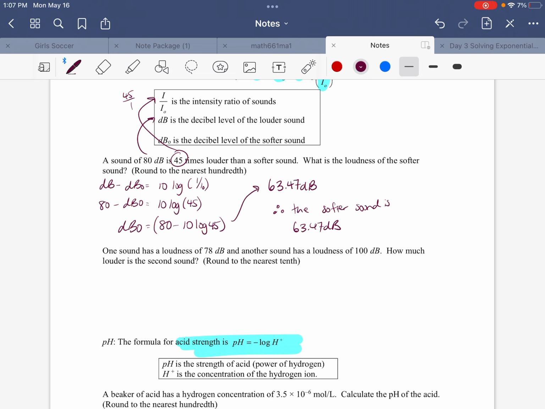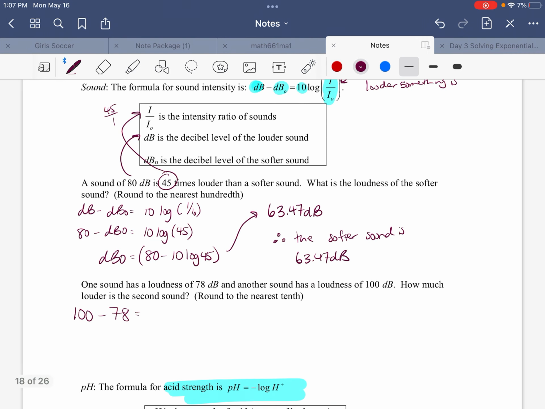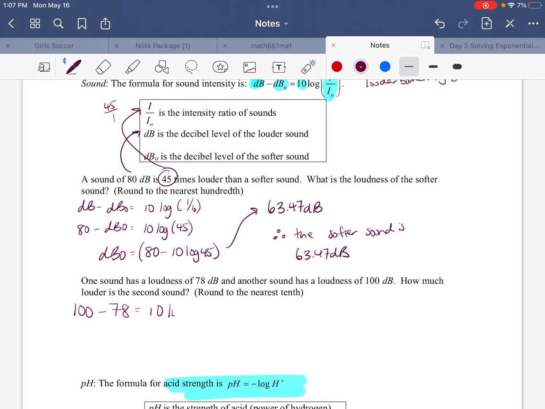So one sound has a loudness of 78 decibels and the other has a loudness of 100 decibels. So we start with the louder sound minus the quieter sound is equal to 10 log of the intensity ratio. Okay, so 22 is equal to 10 log I over I0. And just cleaning this up a little bit, we can divide each side by 10.